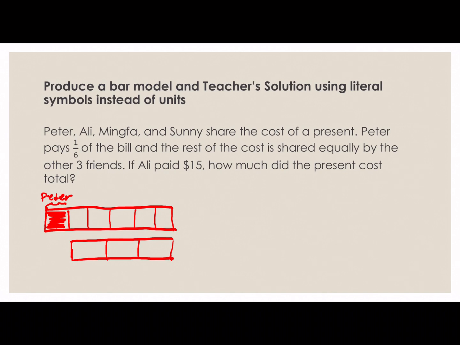That's my thirds. Now Ali pays $15. I'm putting my 15 in here because I'm double labeling this. This will be Ali's part, this part right here is going to be Ming-Fa, and this part right here is going to be Sunny.